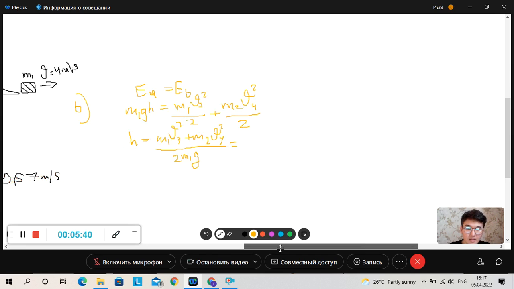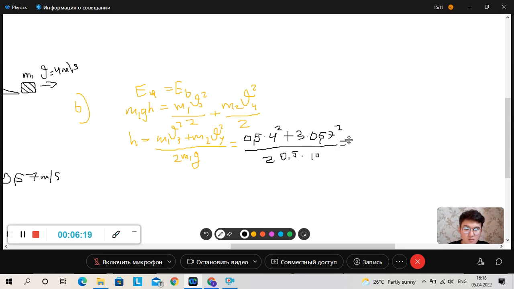And we just need to write the numbers. m1 is 0.5, multiplied by 4 squared, plus 3 multiplied by 0.67 squared, divided by 2 multiplied by m1, which is 0.5, and g is equal to 10.